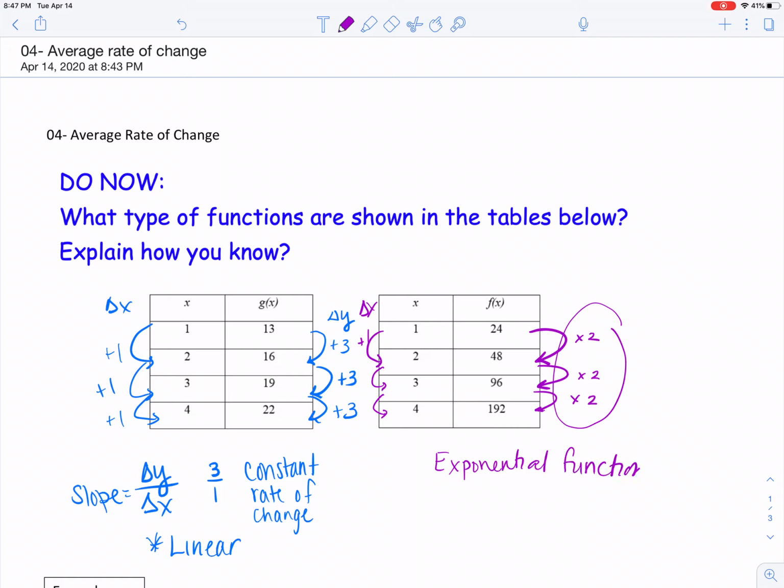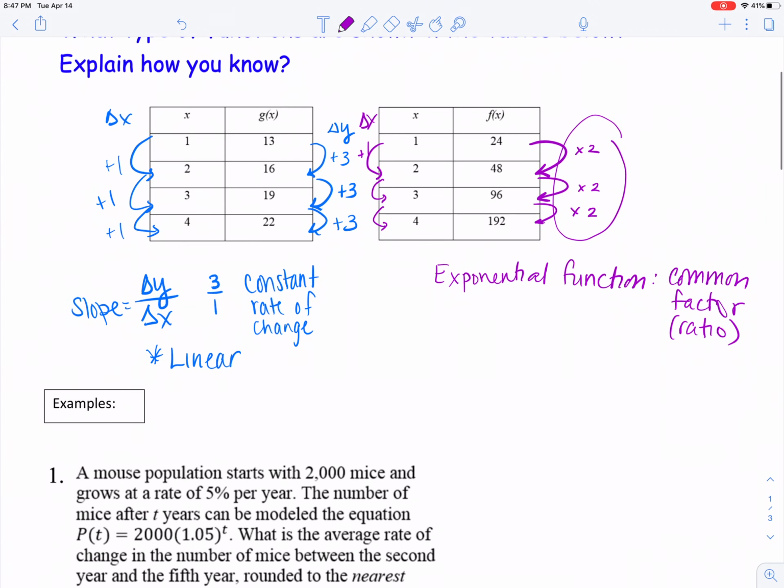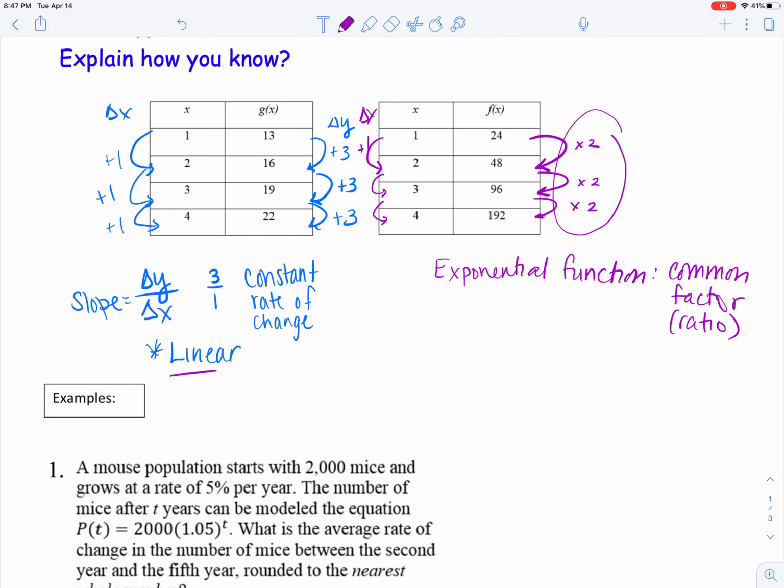The exponential function has a common factor or ratio rather than having a constant rate of change. So that's how you would be able to tell the difference between a linear function and an exponential function.